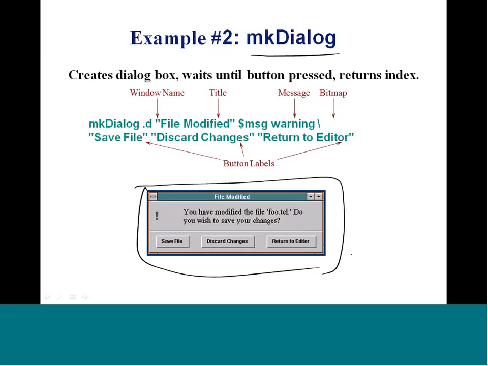So in the TK terms, we can say that make dialog is the command name, and then .d is the window name, and now we have a title which is called file modified, and then what kind of message is this?